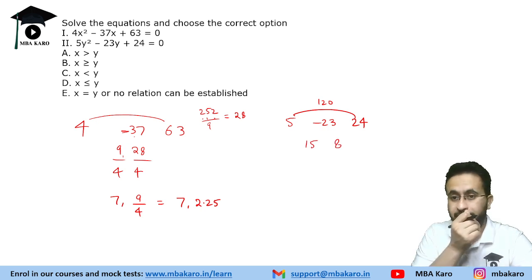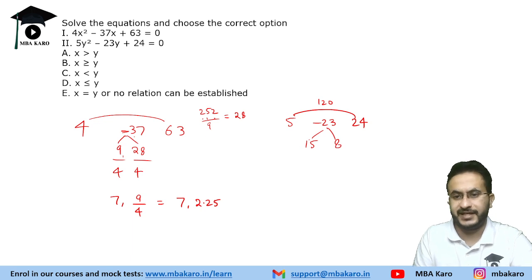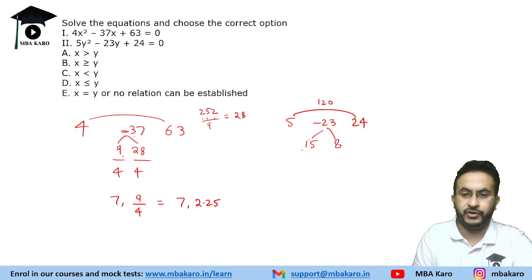I'm writing it straightforwardly because I know we have to change the signs, right? So the numbers are 15 and 8. Since we have to change the sign, directly write those numbers like this. Okay, now what will we do? We will divide by 5. So it is 3 comma 1.6.